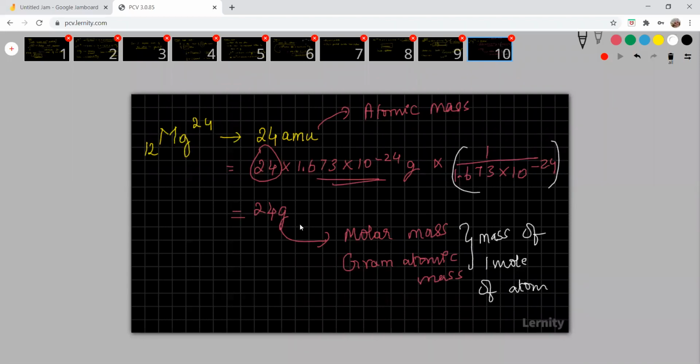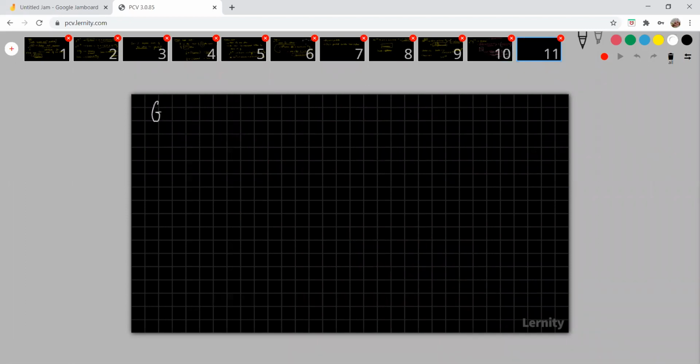And here this 24 grams is the mass of 1 mole of atom. So the mass of 1 mole of anything is molar mass. And the mass of 1 mole of atom, you call it gram atomic mass. Clear? So gram atomic mass is nothing but the mass of 1 mole of atom.